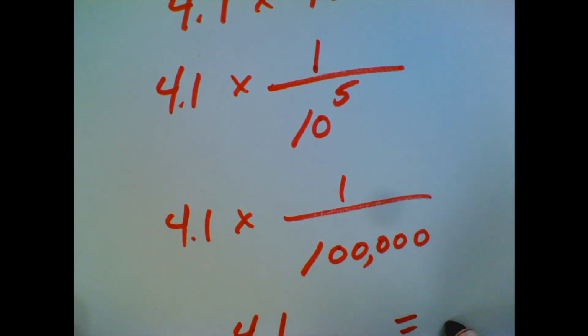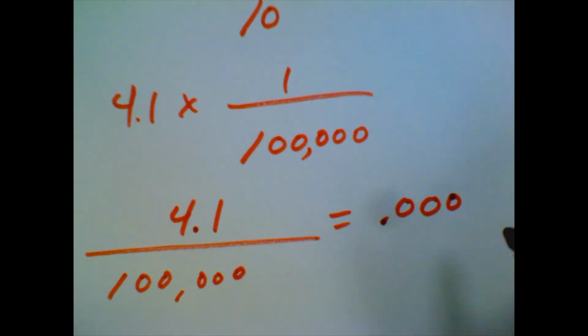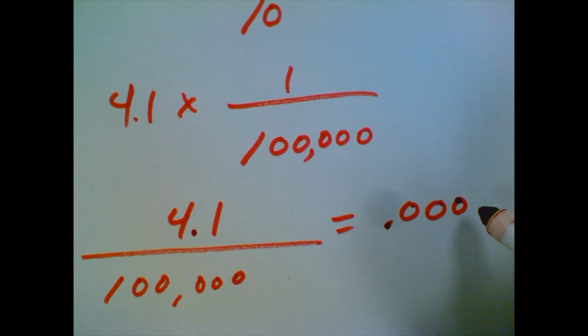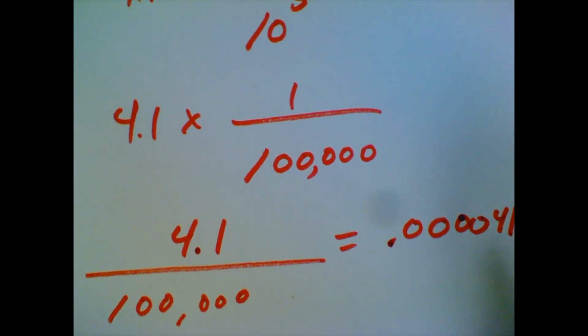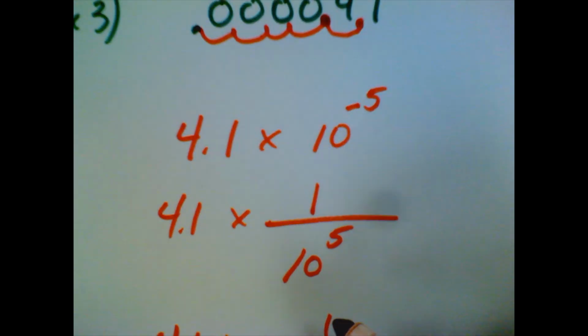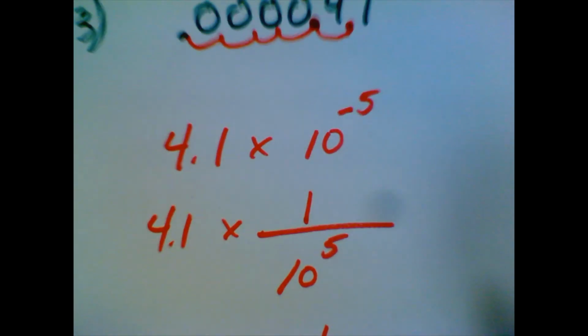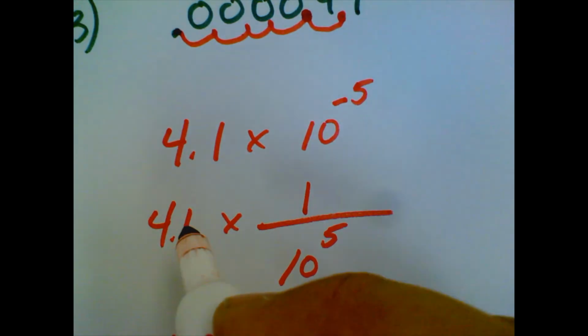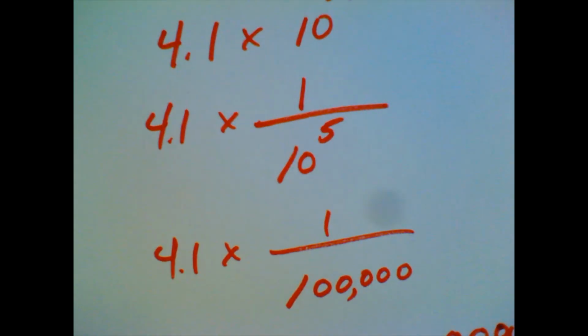And if you do that, you're going to get 0.00041. Okay, you got to move it 5 spots, 1, 2, 3, 4, 5. Okay, so that's the thinking behind it, why it's negative. So if you see a negative exponent, you're dividing. All right, let's do one more.